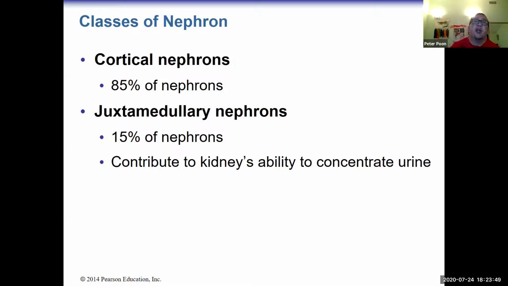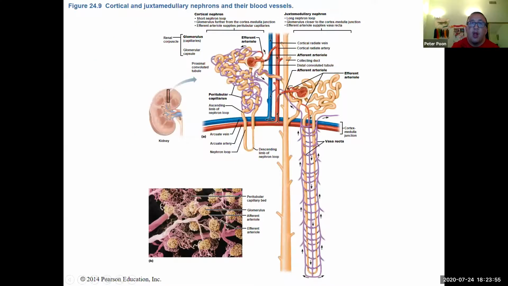For us, 85% of our nephrons are something called cortical nephrons. Cortical nephrons look like this. Juxtaglomerular nephrons look like this. They go way deeper into the medulla of the kidney and they reabsorb a lot more water.